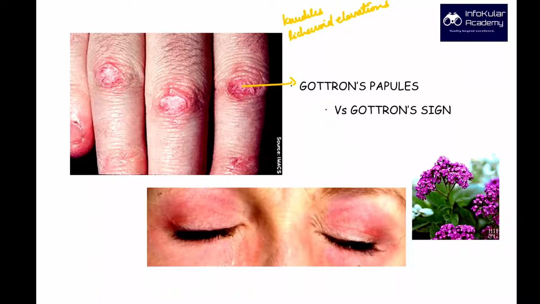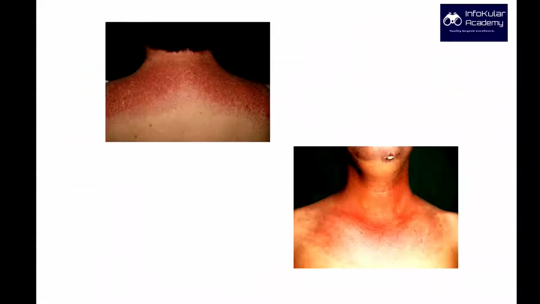Now, if you look at this flower, this is called the heliotrope flower. And if you look at the periorbital region here, you see a similar violaceous erythema. These patches are called the heliotrope sign and have been named after these flowers.